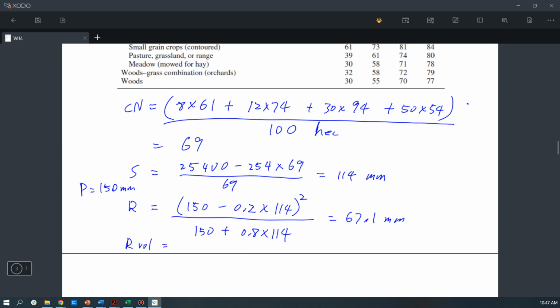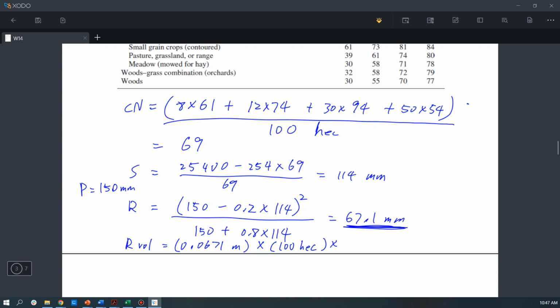So the total runoff volume is 0.0671 meter. We just convert this depth unit to meter, times 100 hectare.